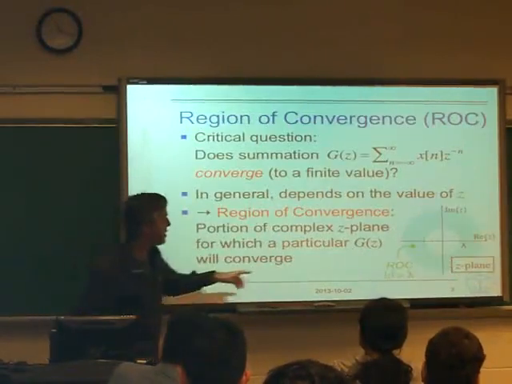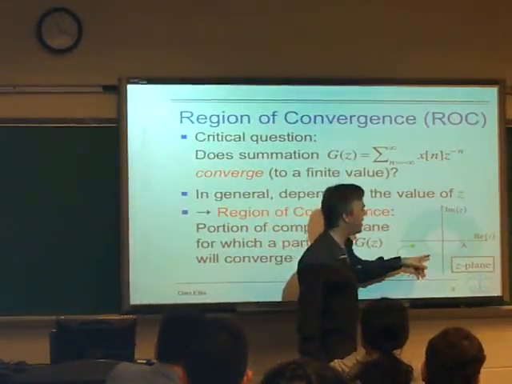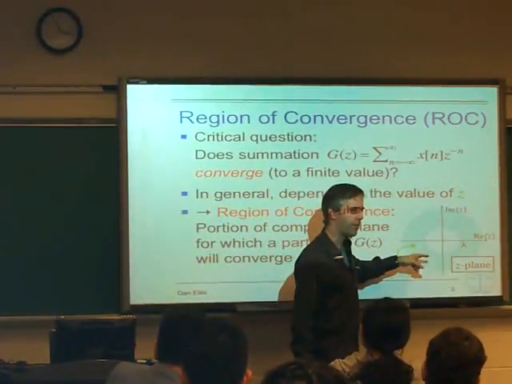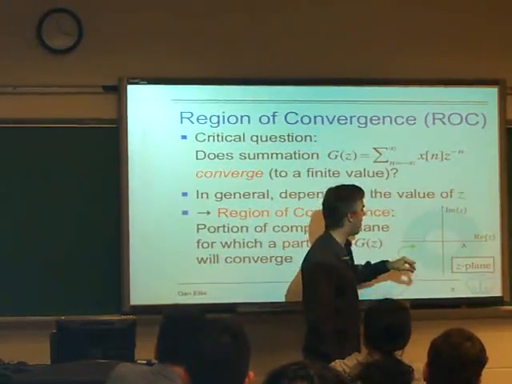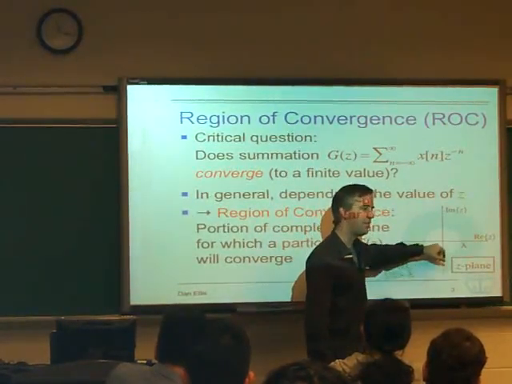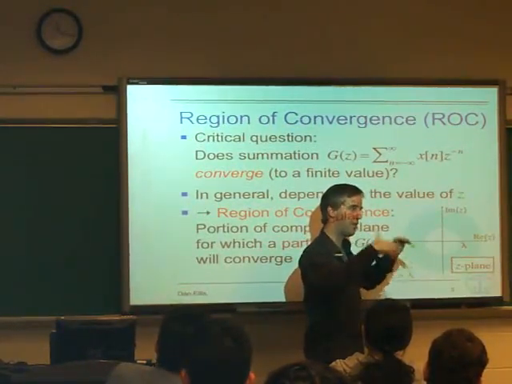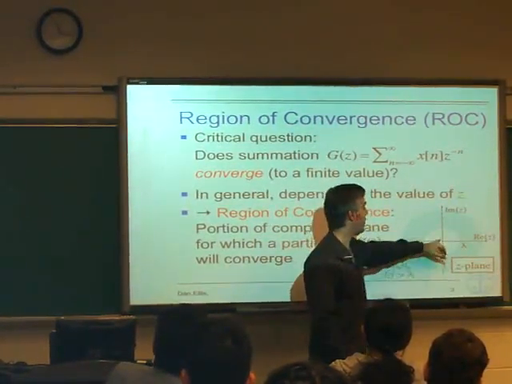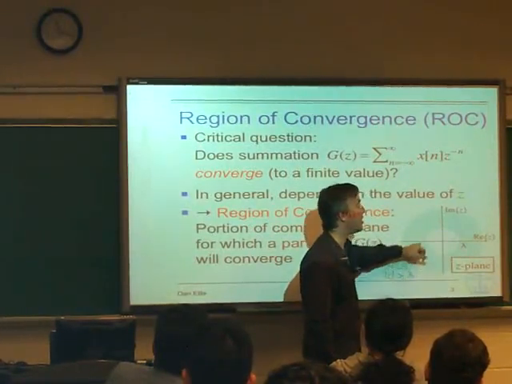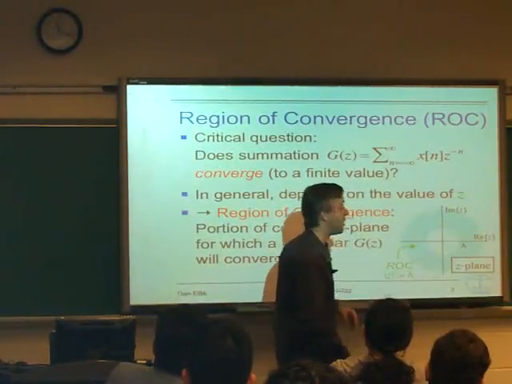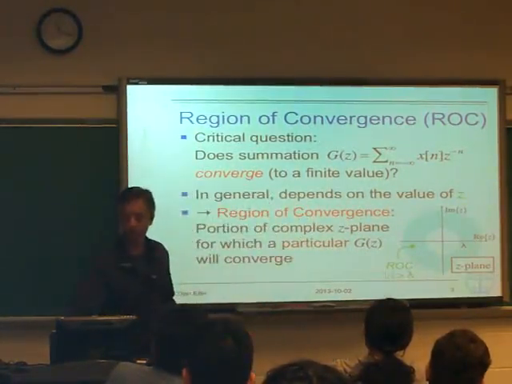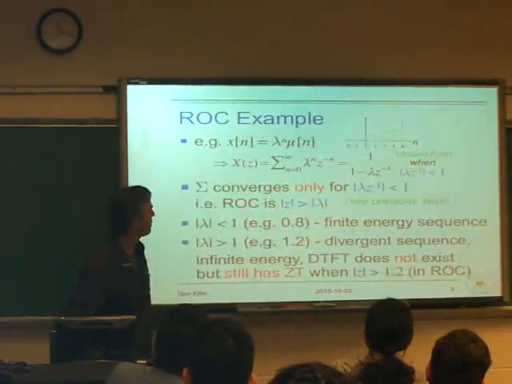That's the picture we had on this slide, because it's z to the minus 1 that we're worried about. When z gets small, z to the minus 1 gets large, and so the magnitude of lambda z to the minus 1 becomes larger than 1, and we get non-convergence. But as long as z is large enough, then lambda z to the minus 1 will have magnitude smaller than 1, and the whole thing will converge.